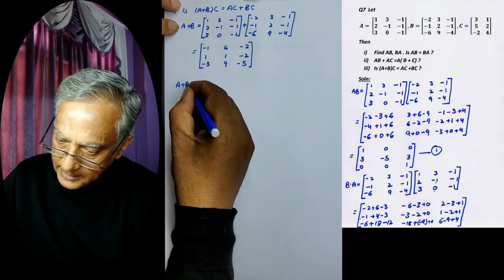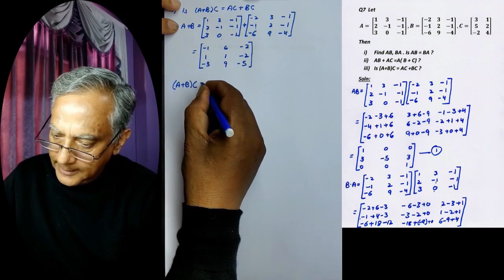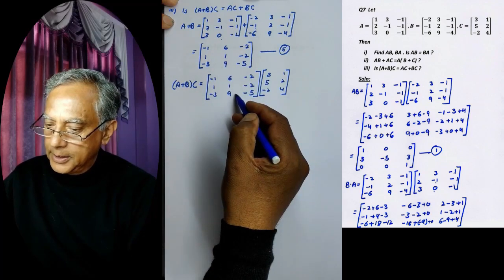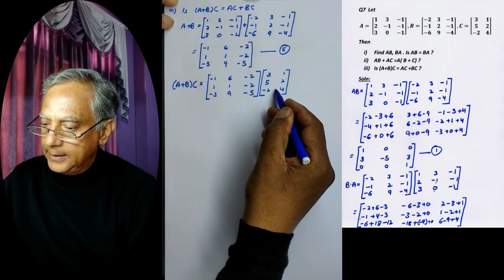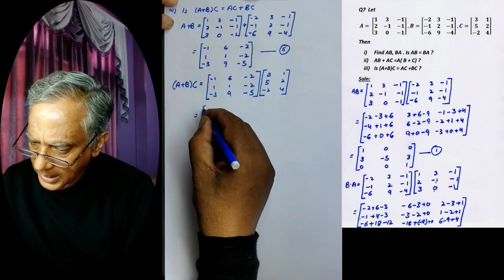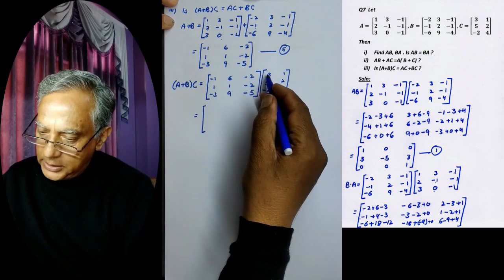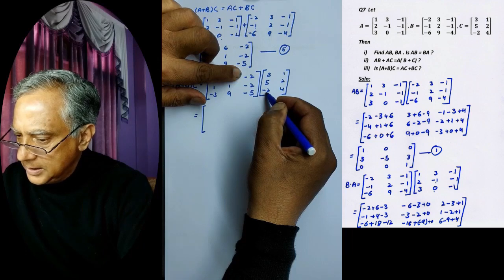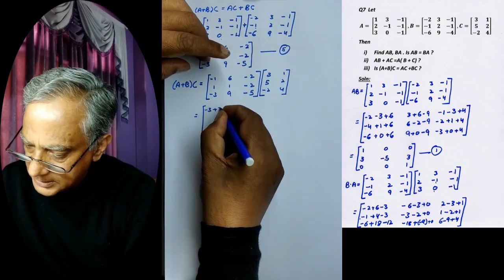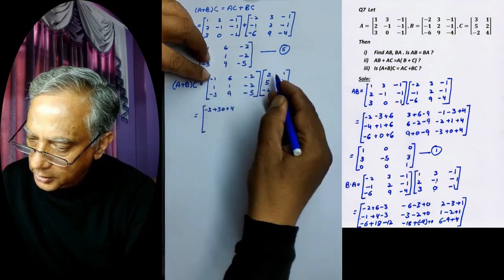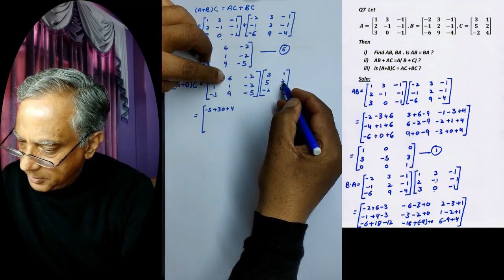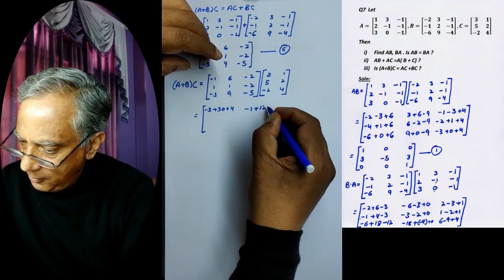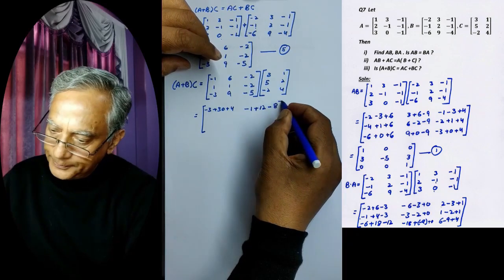Now A plus B into C. This is equal to, from 5 A plus B is this much and C is given to be this much. Now we carry out the multiplication. So this into this, minus 3 plus 30 plus 4. This into this, minus 1 plus 12 minus 8.